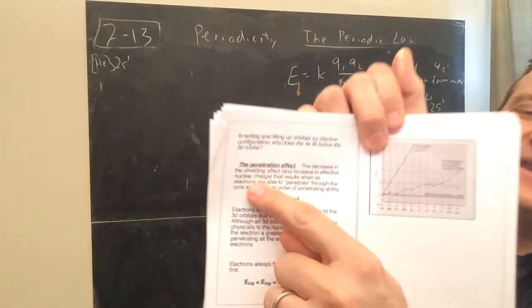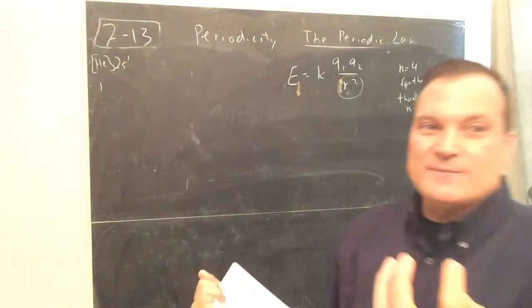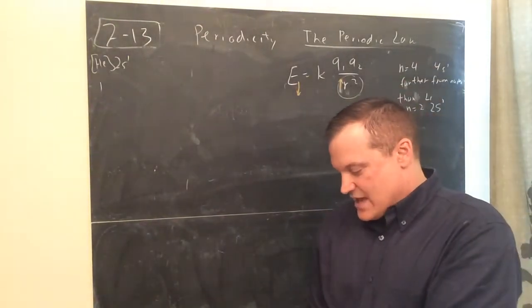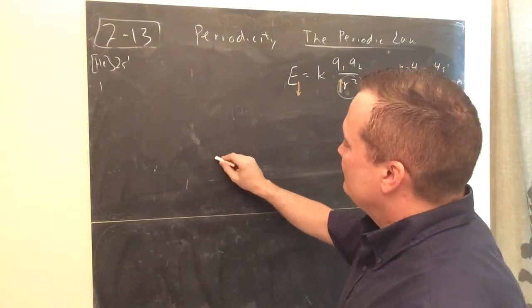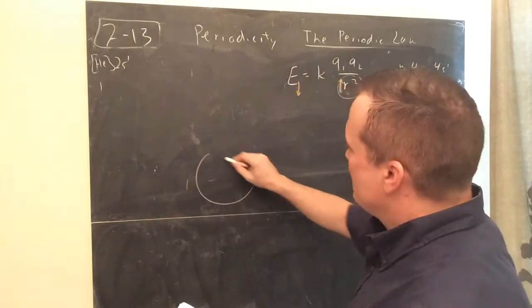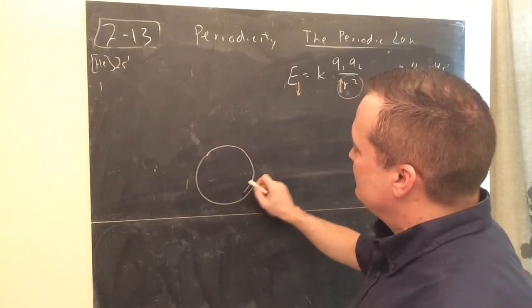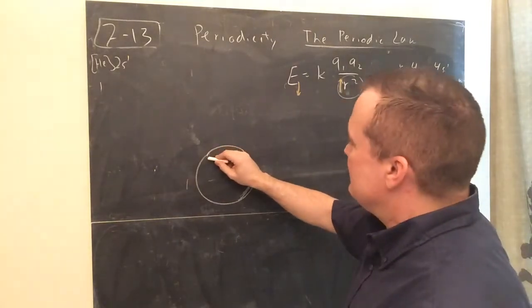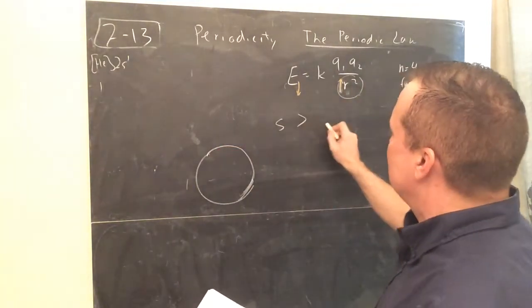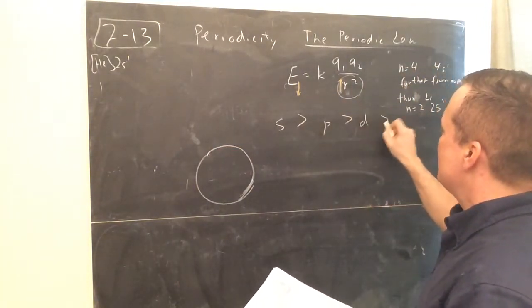But there's a penetration effect, meaning some orbitals can penetrate through other orbitals. An s orbital has the strongest ability to penetrate. An s orbital is the best, then comes the p, then the d, then the f. So s is better than p, better than d, better than f.